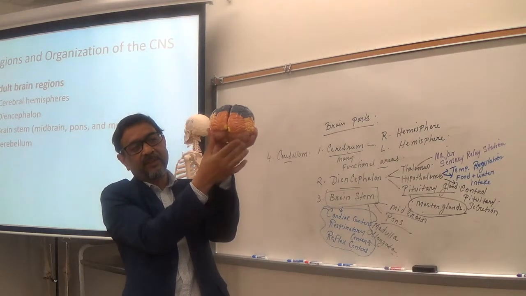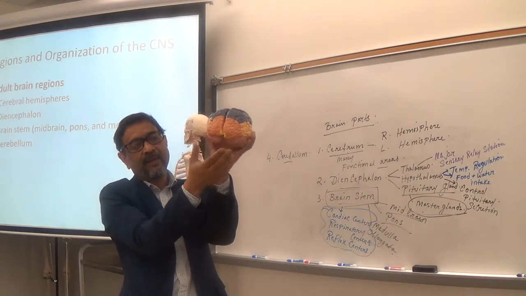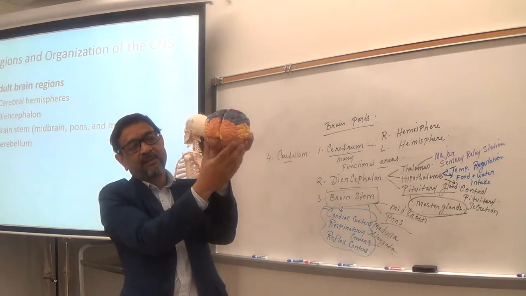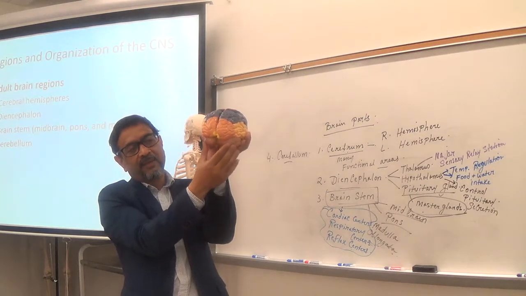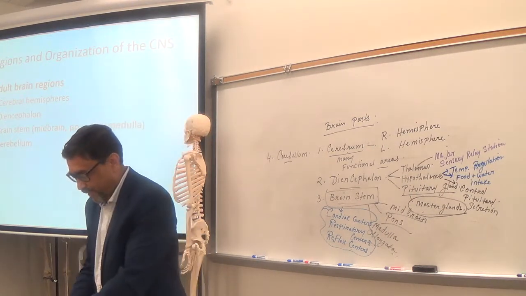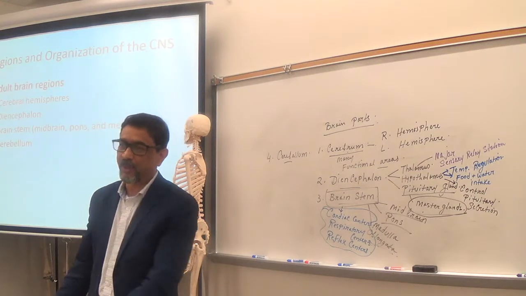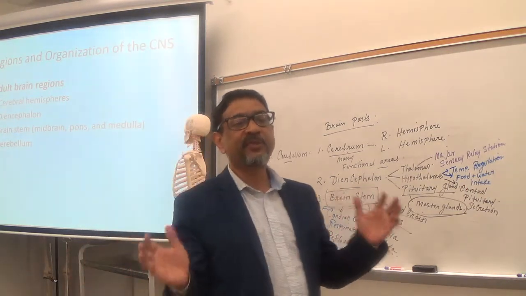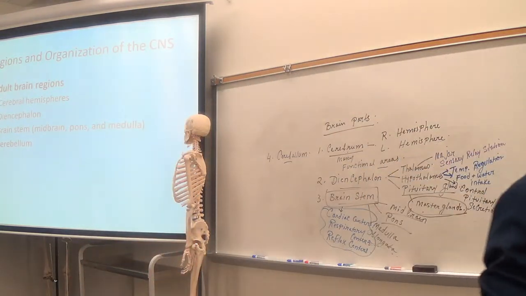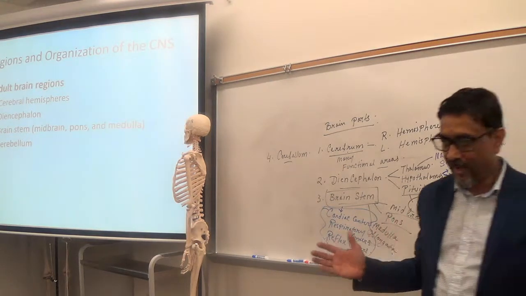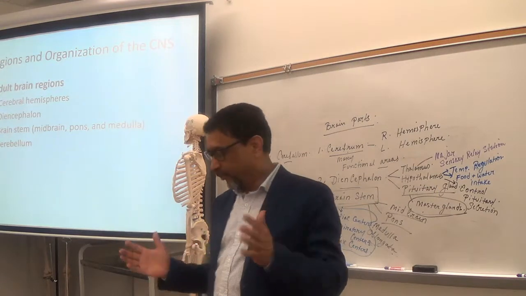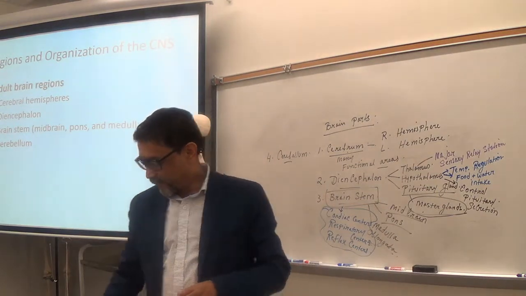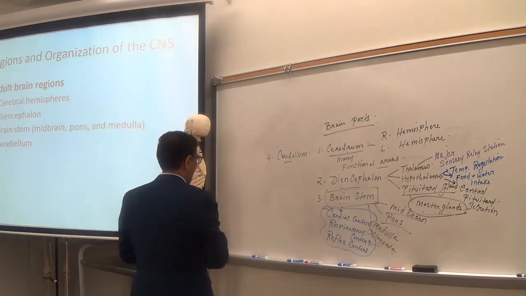This is called the cerebellum, located under the posterior part of the cerebrum. And the cerebellum is mainly responsible for balance and equilibrium. When you walk, when you stand up, when you run, the balance of your body is maintained by the cerebellum.